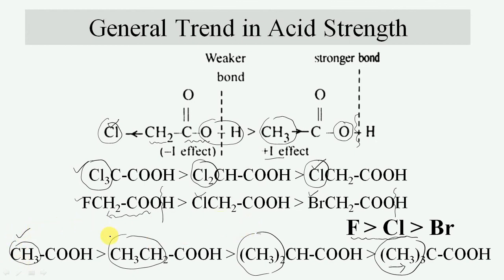So due to the electron releasing effect, acetic acid is stronger, and trimethyl acetic acid is weaker due to the electron donating inductive effect, which is maximum in this case and minimum in this case.